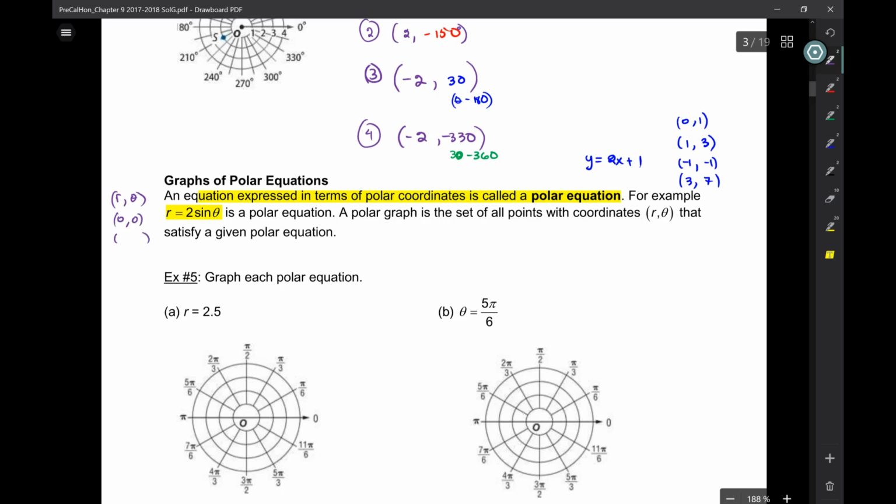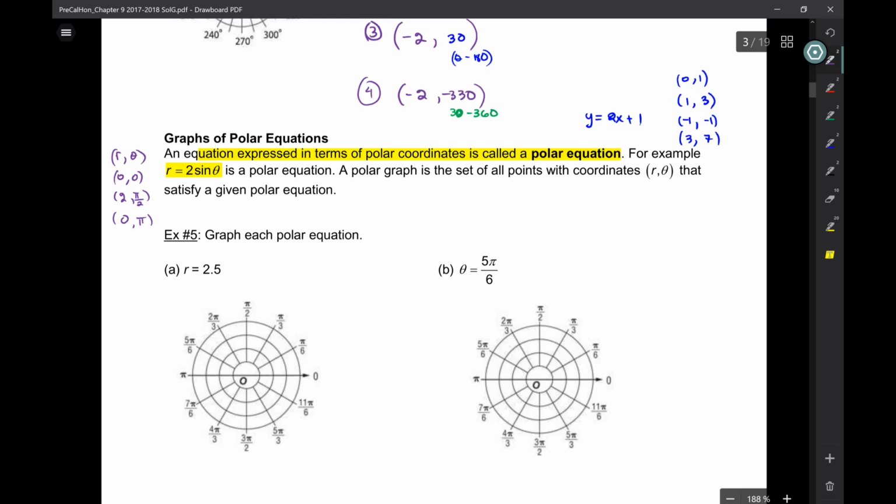If theta was pi over 2, what would it be? Okay, so if theta is pi, we're back to 0, right? Yes? So, if theta is 0, r is 0.